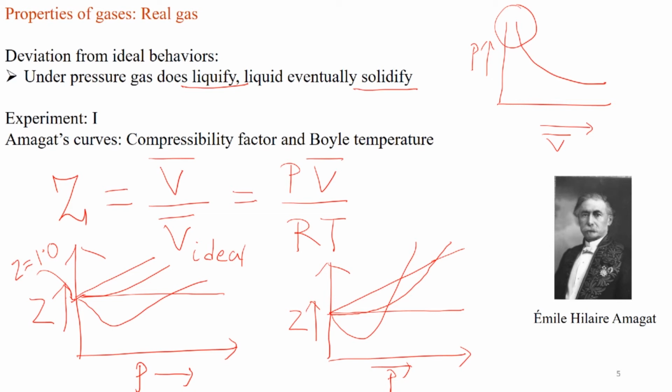If we plot the compressibility factor for the same gas at different temperatures, we get a very interesting behavior. Here I have drawn the compressibility factor at 3 different temperatures, T1, T2 and T3, where T3 is a higher temperature than T2 and T1. Now you see that there is a region where the curve more or less follows the ideal gas curve.